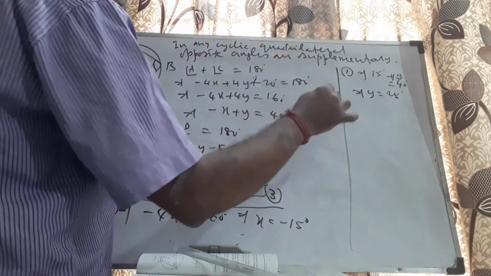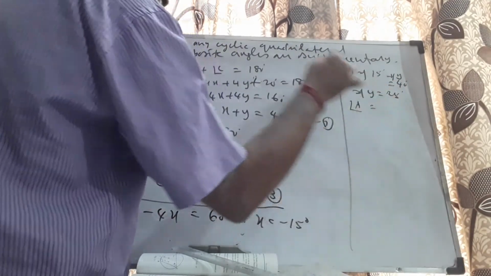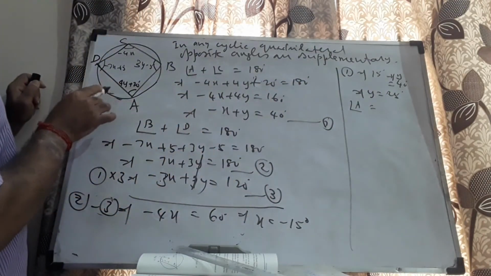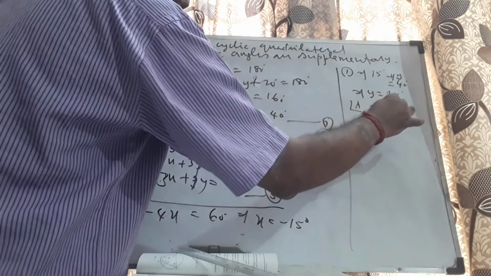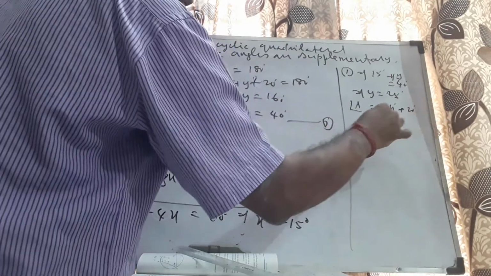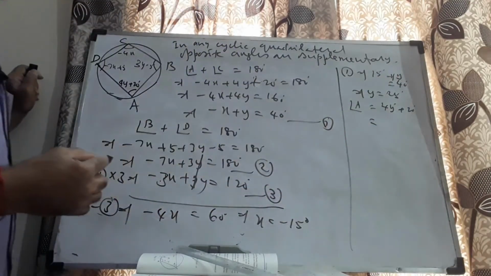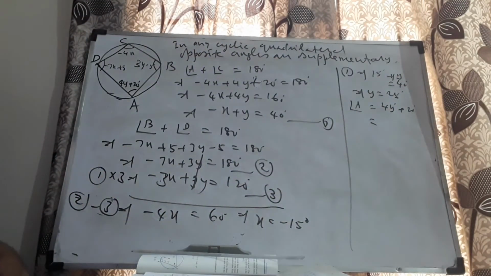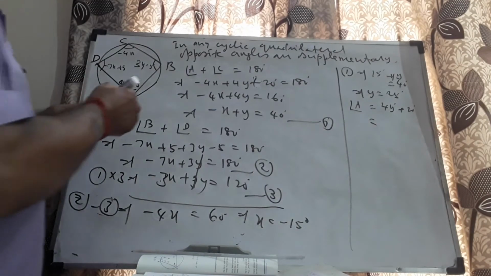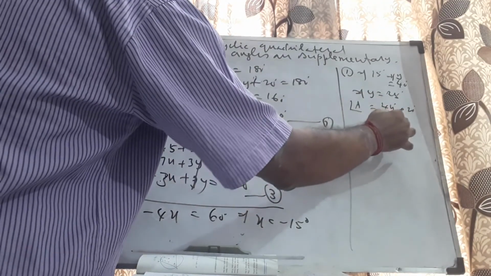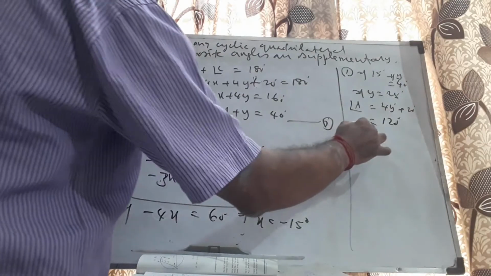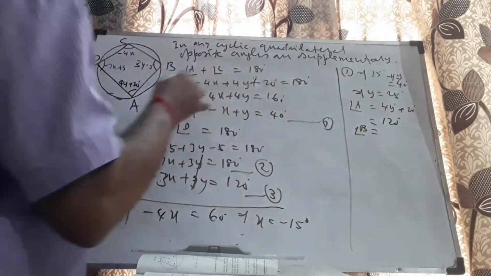Therefore my angle A now becomes, what is A? A is nothing but 4y plus 20 degrees. 4 into 25, 100 plus 20, 120 degrees. My angle B, what is my angle B?